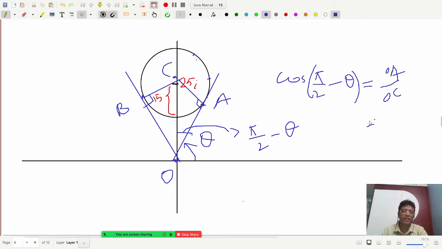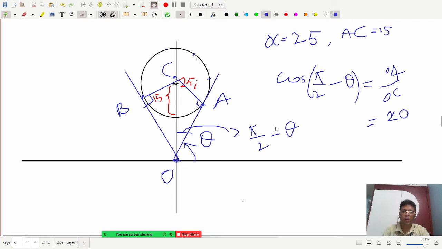So OA is nothing but 20. How is it 20? OC is equal to 25 and AC is equal to 15, because that is the radius of the circle, and you know the center is at 25, so from the origin the distance of the center is 25.